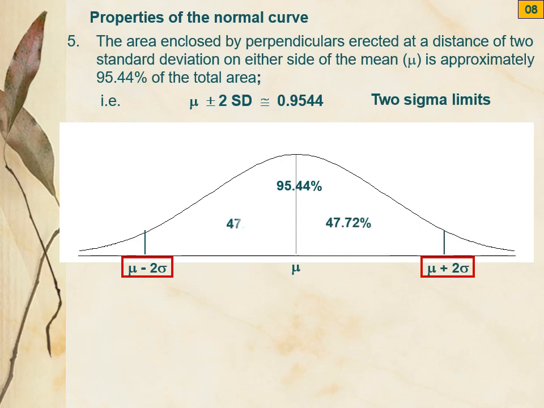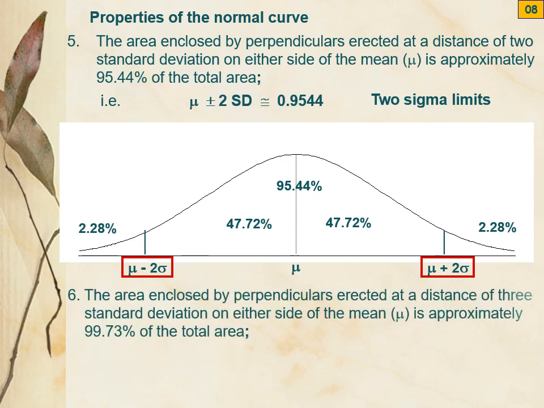Area on both sides of mu will be the same, and therefore you will also get the area outside these limits, because you know the total area is 1. If you put it in percentage, it will be like this. Also 3 sigma limits.